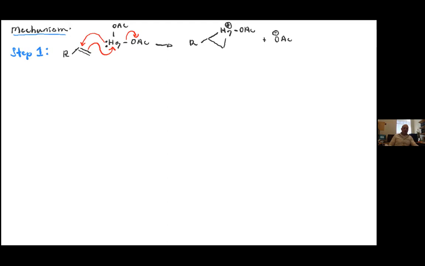Okay. And so that's the initial product, or I should say, it's an intermediate in this transformation. And this has a special name, which is called a mercurinium ion.